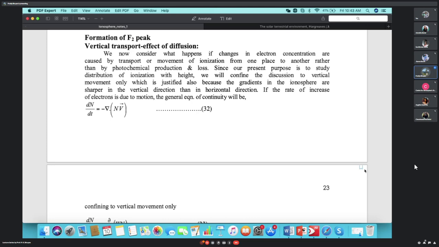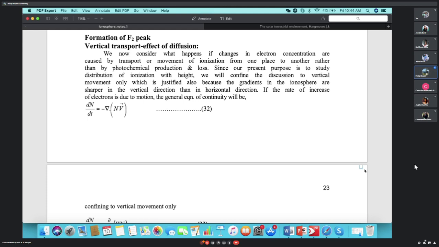Why vertical movement? Because if you consider the atmosphere as a whole, vertical gradients are very large. Vertical gradients arise because of the natural gas environment, the natural temperature environment, and also because the ionized plasma resides within the atmosphere.